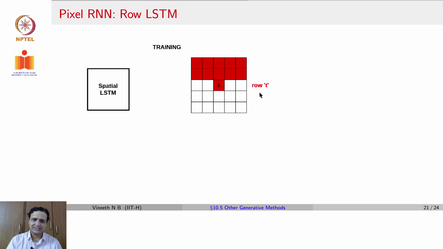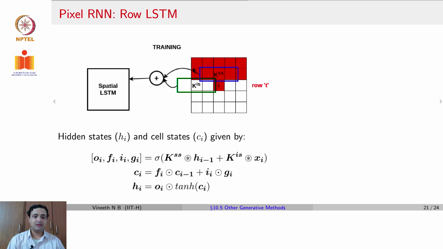What should the LSTM look at? How should the LSTM operate to generate this particular pixel i? That is given by, if we considered the set of pixels before that pixel in that row to be K_is, and the pixels just above that row in the immediate neighborhood of i to be K_ss, they both become hidden state contexts, very similar to an LSTM, to generate the current pixel.